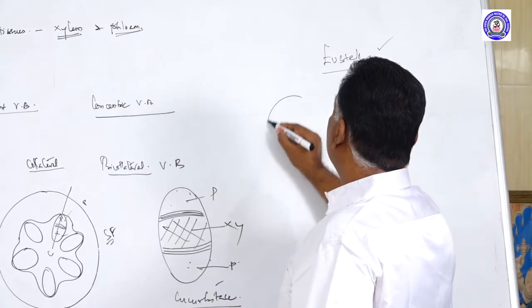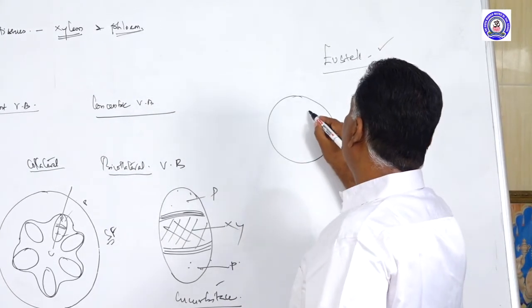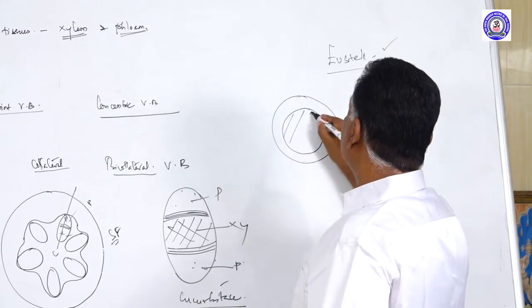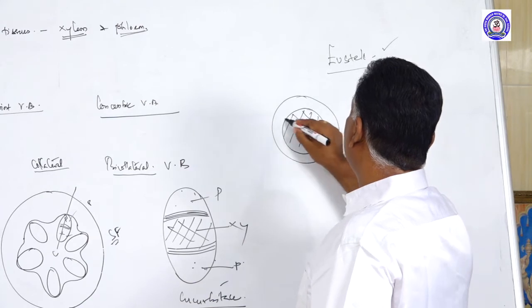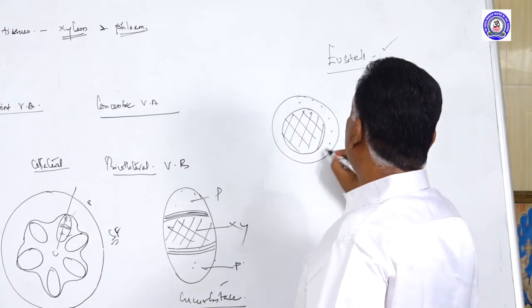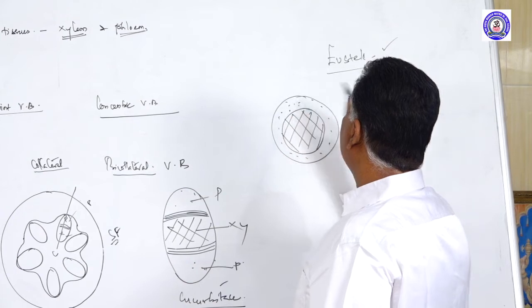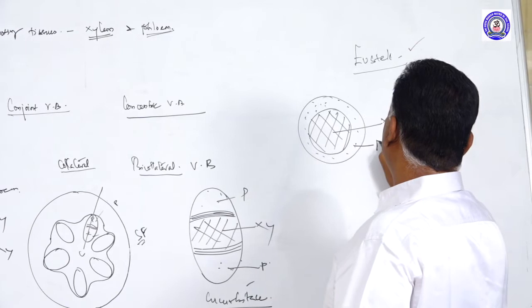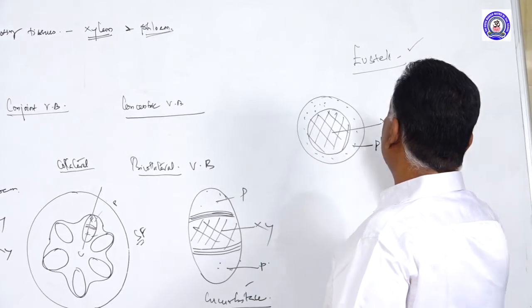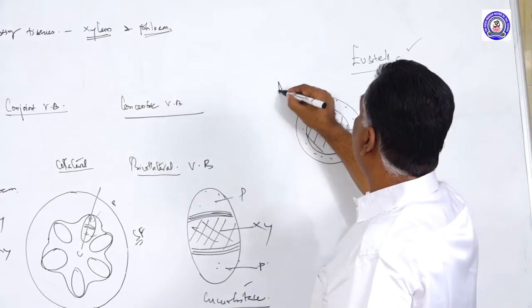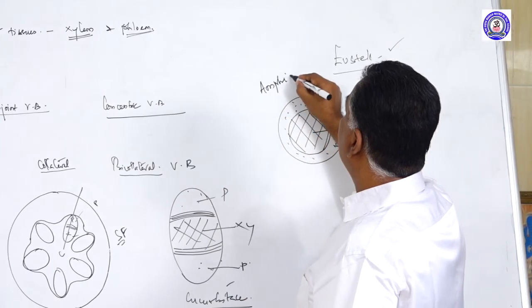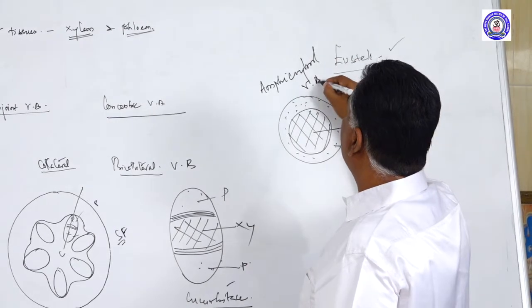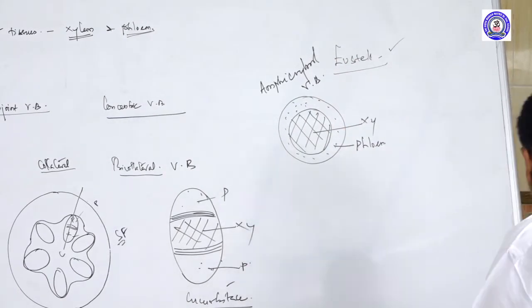You see one example. If you consider this as xylem and this as phloem, this is called amphicribral vascular bundle.